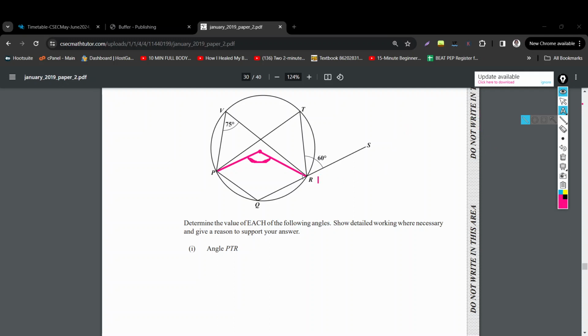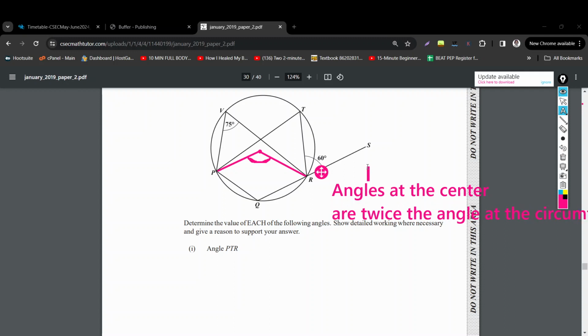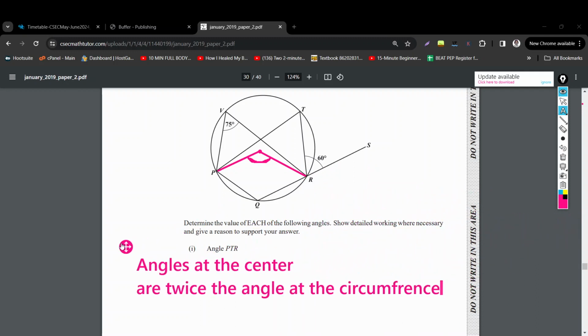So for the obtuse angle POR, where's R? Yep. So the rule we need for this one is angles at the center are twice the angle at the circumference. So this is the rule we need for this one.